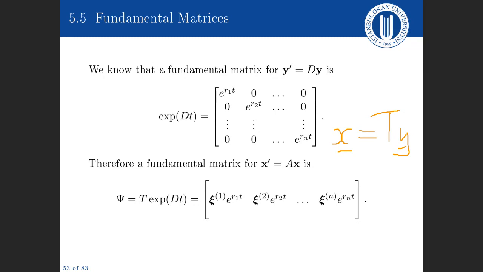And that's the key idea here. We diagonalize our matrix in order to change our possibly difficult differential equation into an easy one. We find the fundamental matrix, and then we multiply it on the left by T to go back to the variable that we want.